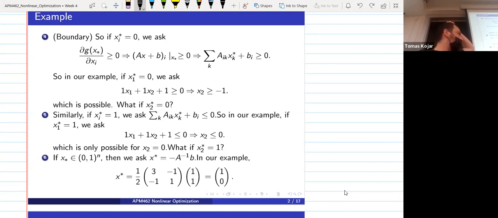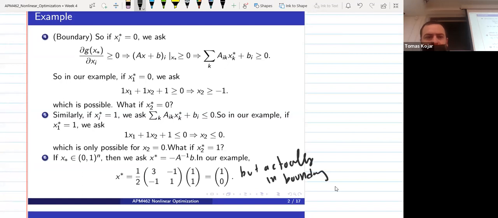It says that in fact your minimizer can only be at the boundary. But this is actually in the boundary. Anyways.